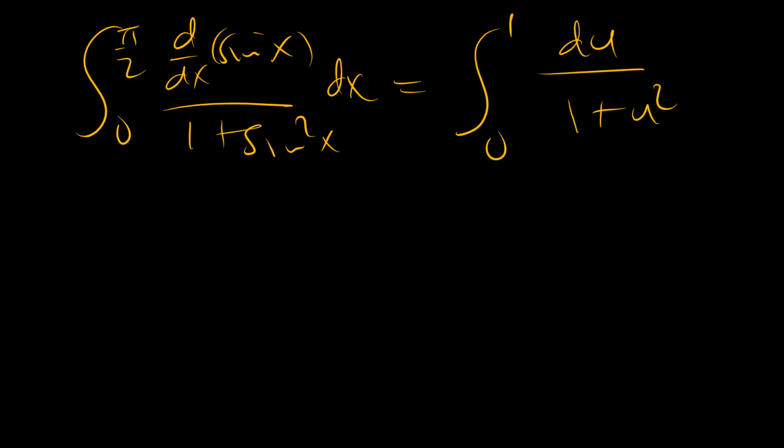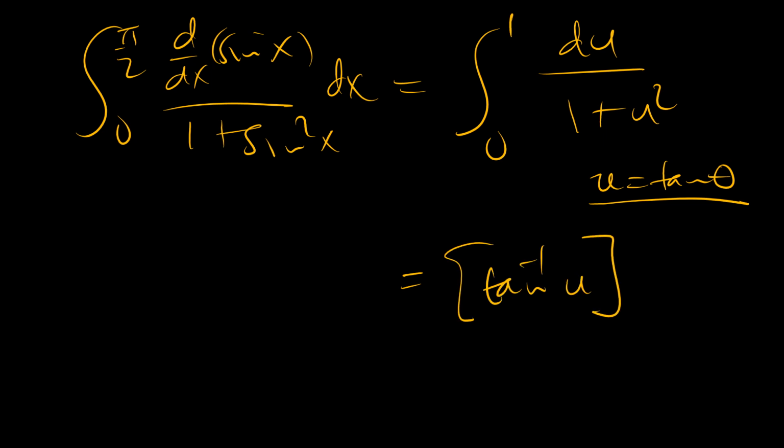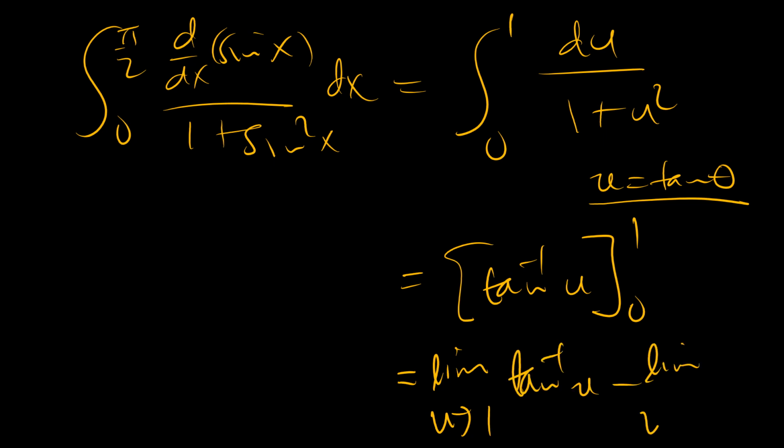Now this is a very famous integral. We could use u equals tan theta and go on and do the integration, but to save the misery, this is the same as arctangent of u from 0 to 1, which is the same as the limit as u tends to 1 of arctangent of u minus the limit as u tends to 0 of arctangent of u.